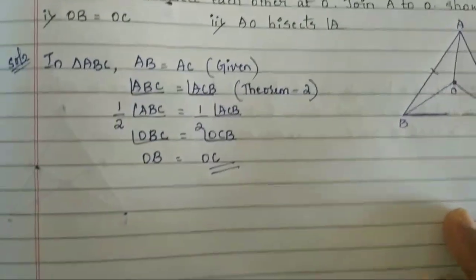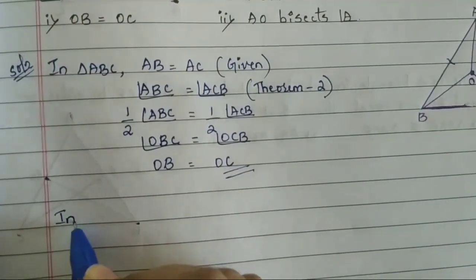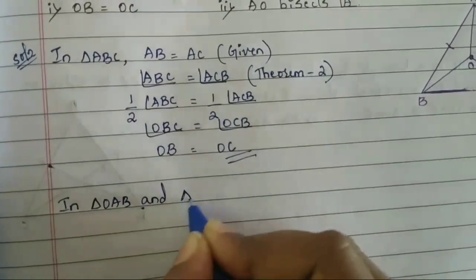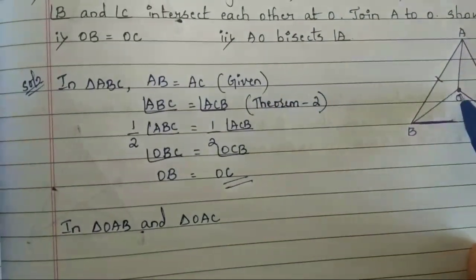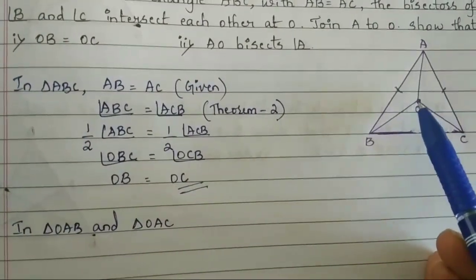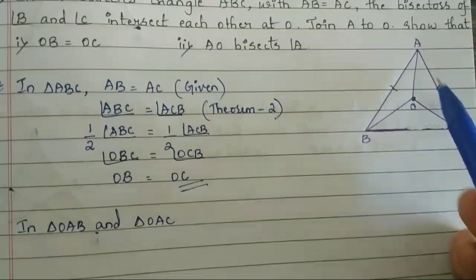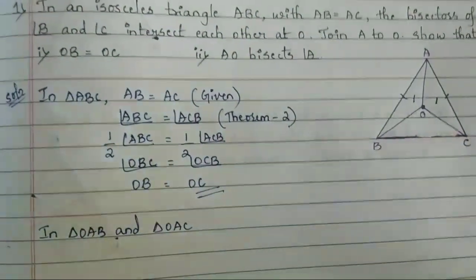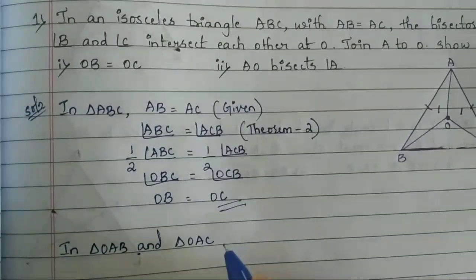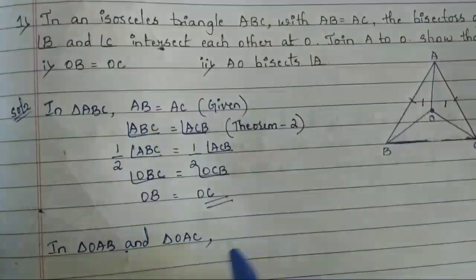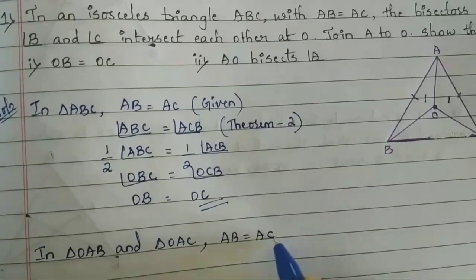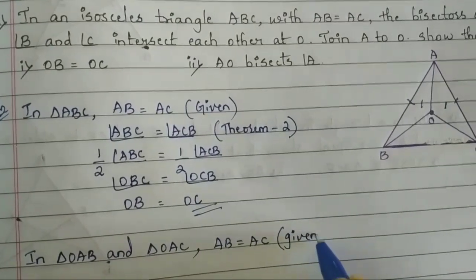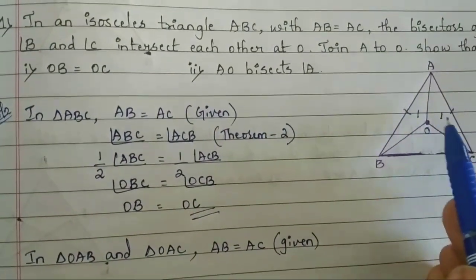In the second case, we will take two different triangles, triangle OAB and triangle OAC, the upper two triangles. In this also we know that AB is equal to AC, already given.